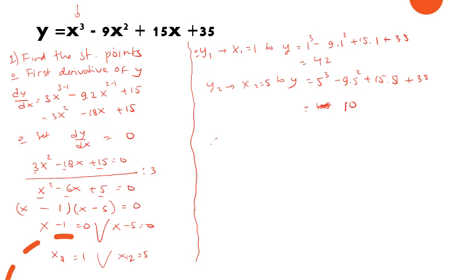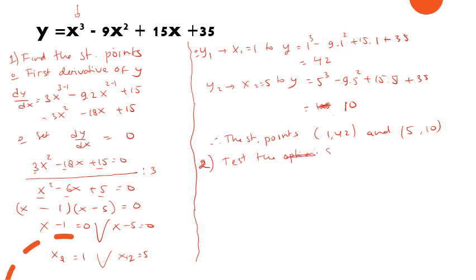So there are two stationary points, and those are (1, 42) and (5, 10). Now the second step: we don't know yet what kind of value the stationary point has. Is it a maximum, minimum, or inflection point? So now test the optimization.